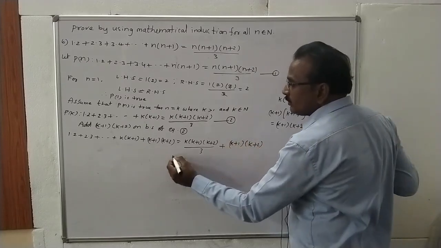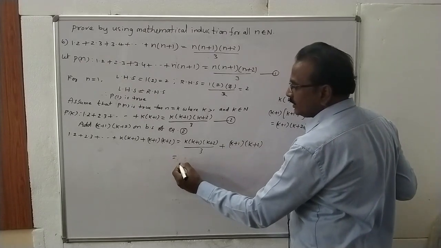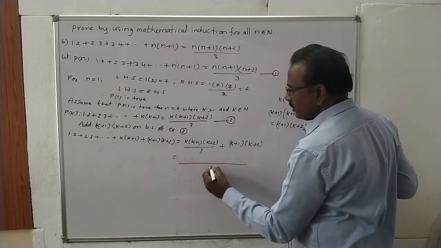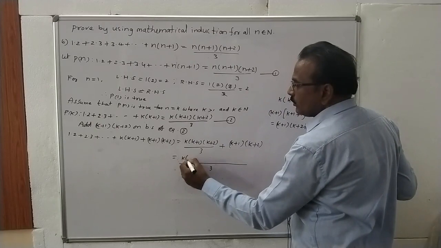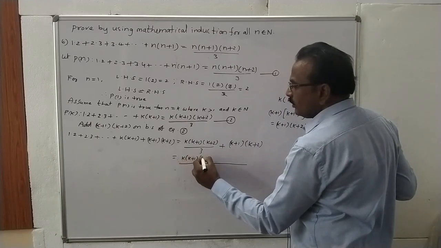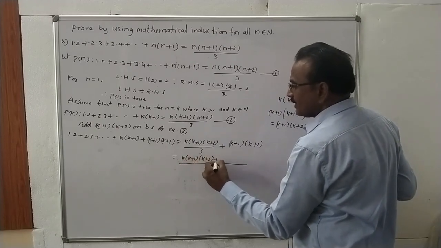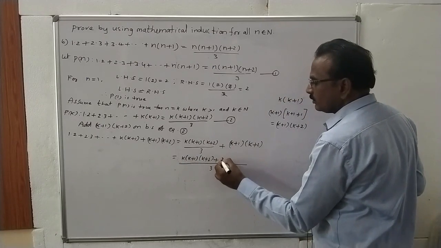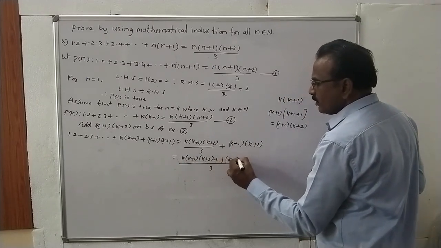What is the first step? LCM. Here the LCM is 3. So k into k plus 1 into k plus 2 plus 3 times k plus 1 into k plus 2.